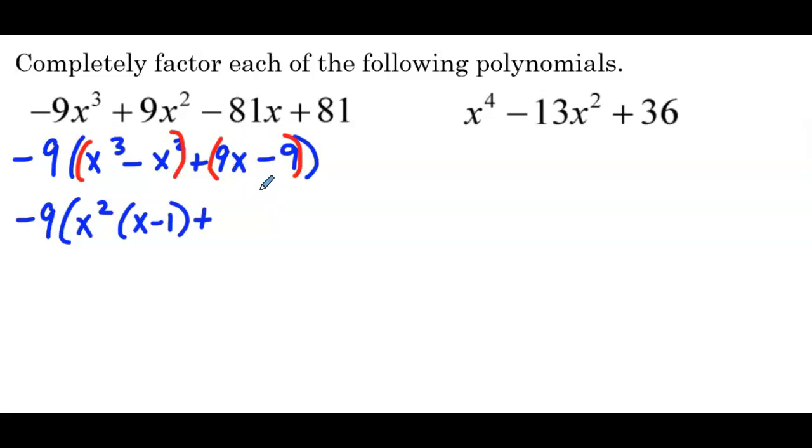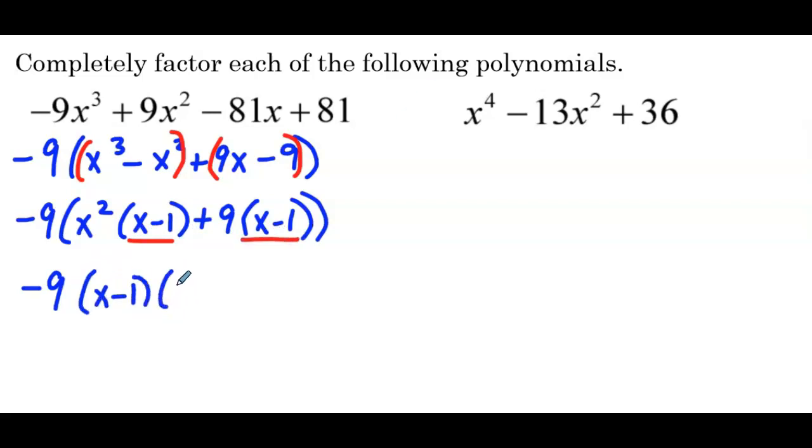Greatest common factor of these 2 terms is 9, and then x minus 1. So we have negative 9. Inside, x minus 1 is the greatest common factor, so we can factor out an x minus 1, and we'd be left with x squared plus 9. X squared plus 9 cannot be factored any further, so we are done.